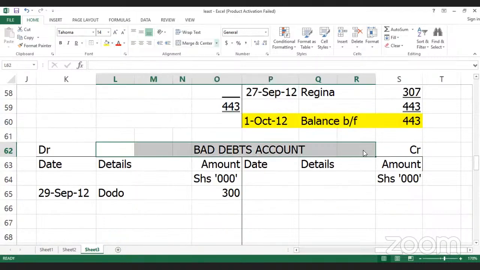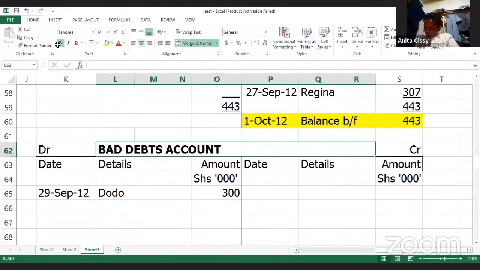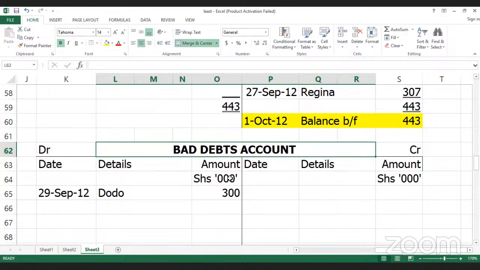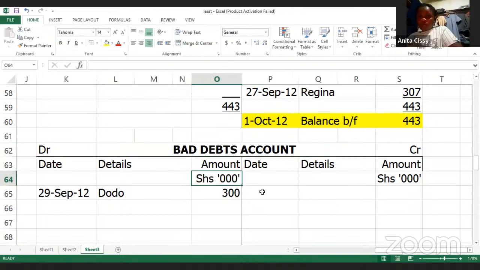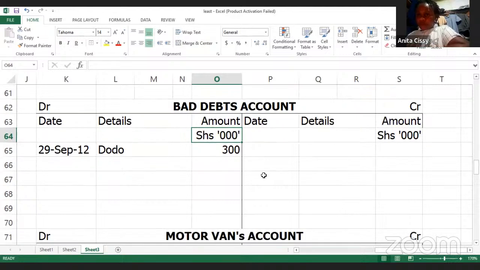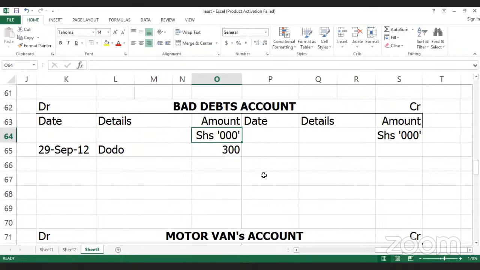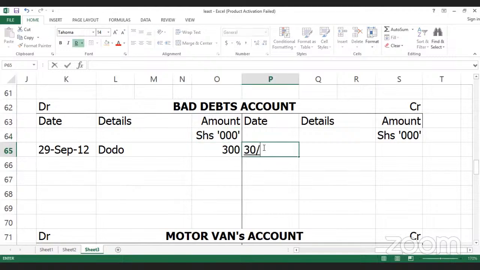Let's move to the bad debts account. We are balancing off the bad debts account here. Bad debts, which side is greater? Debit side. The debit side is greater, so we start the balancing figure at the end of the month.